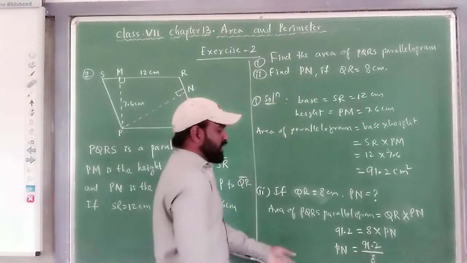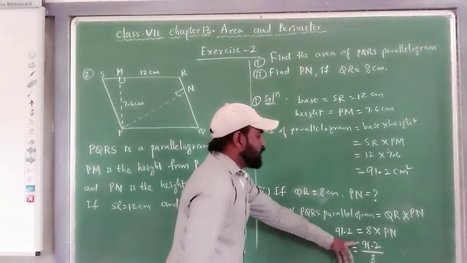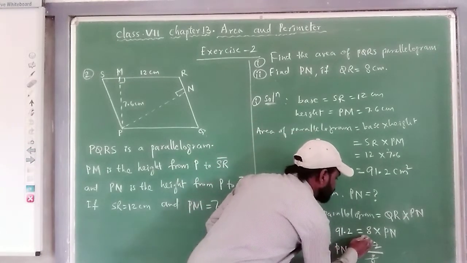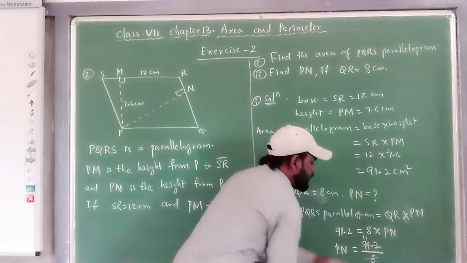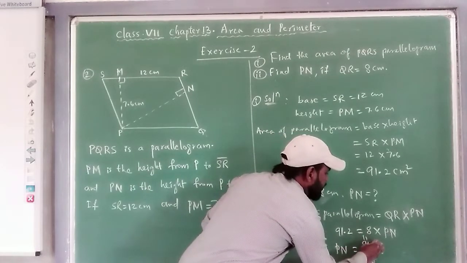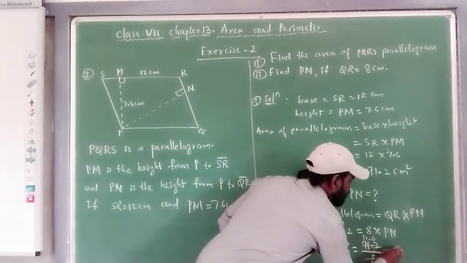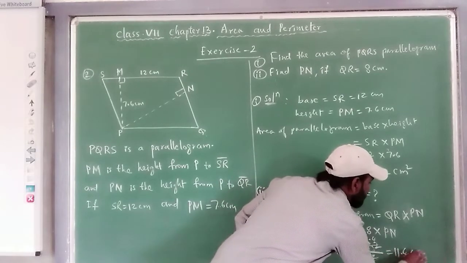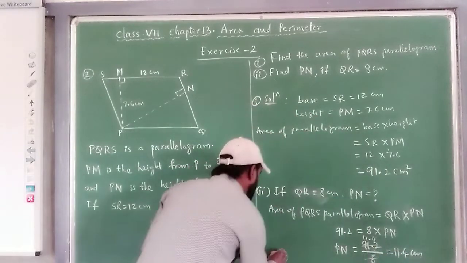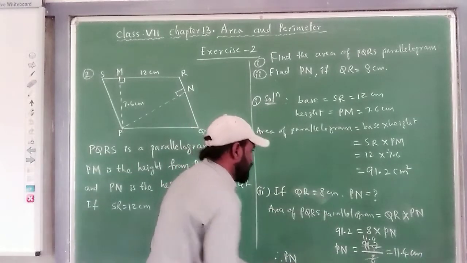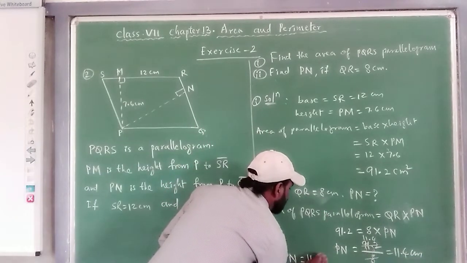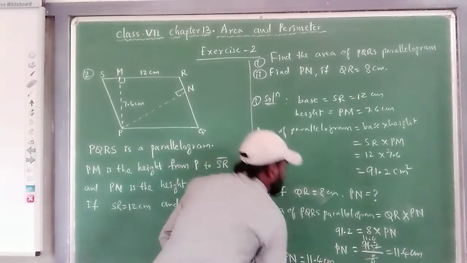Go for the simplification. 8 ones are 8, again what remains, 8 ones are 8, 3 remains, 8 fours are 32. 11.4 centimeters. This is the value of PN. So if QR is equal to 8 centimeters, PN is equal to 11.4 centimeters.